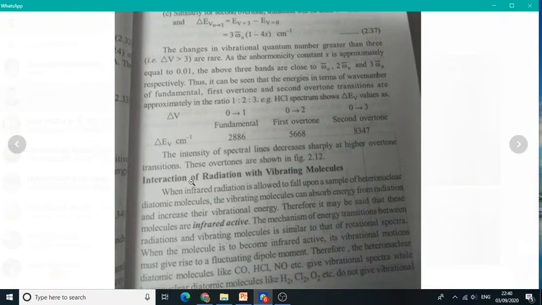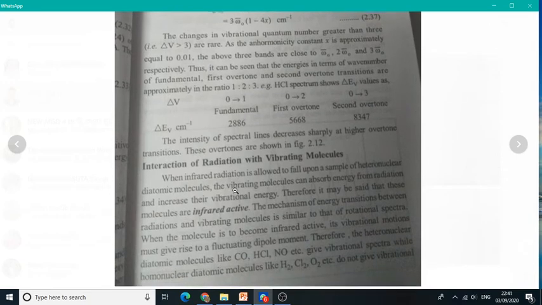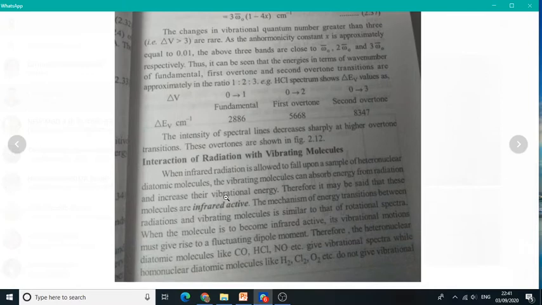Then the interaction of radiation with the vibrating molecule. When infrared radiation is allowed to fall upon a sample of heteronuclear diatomic molecules, the vibrating molecules can absorb energy from the radiation and increase their vibrational energy.